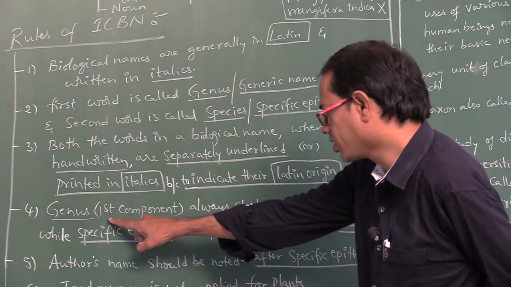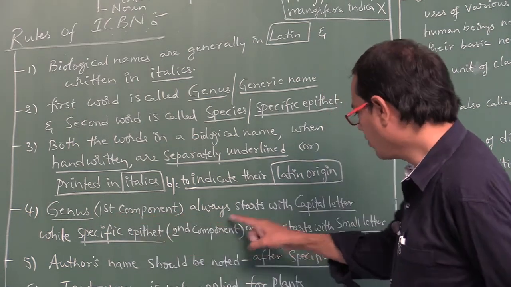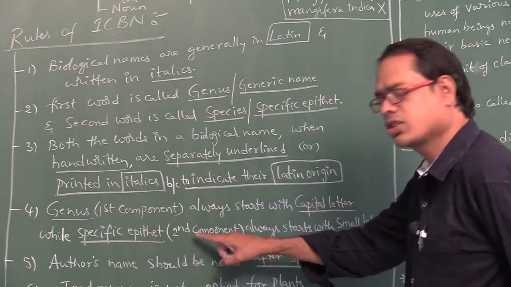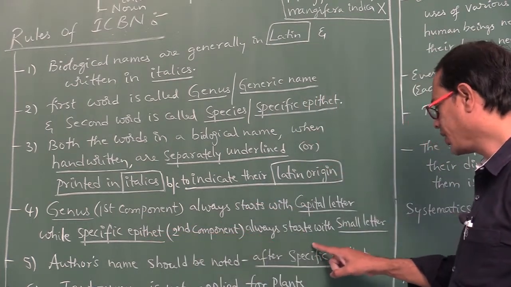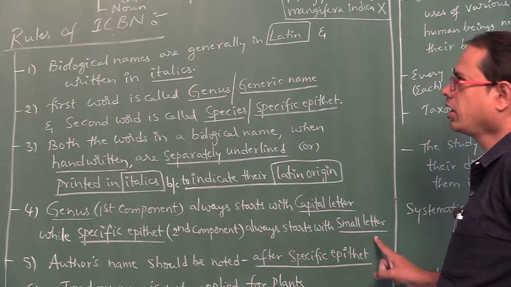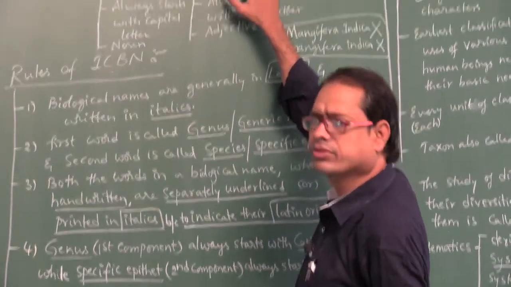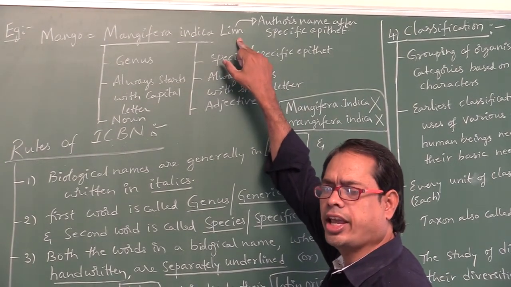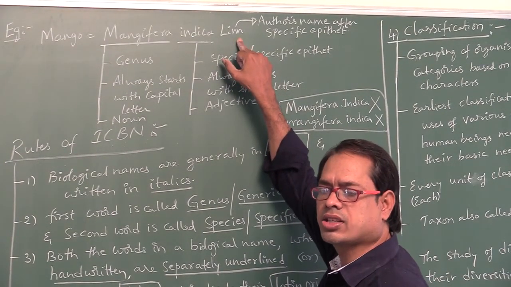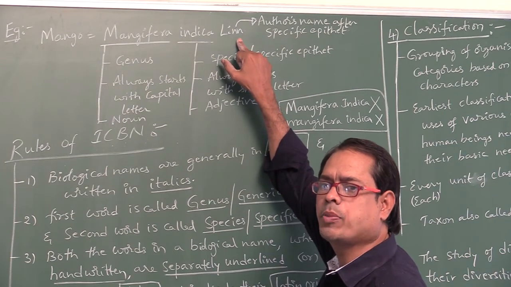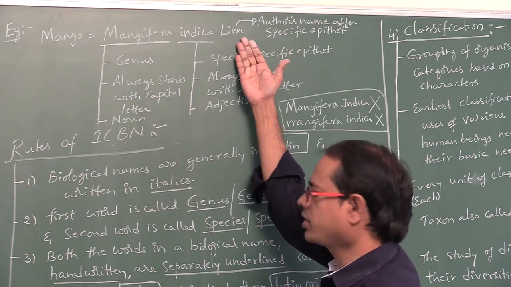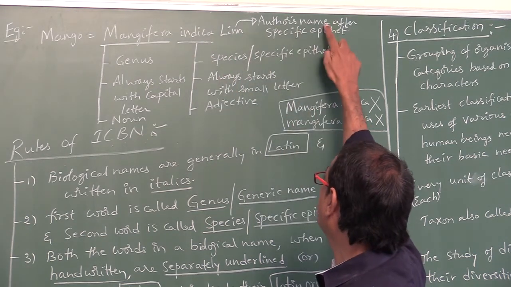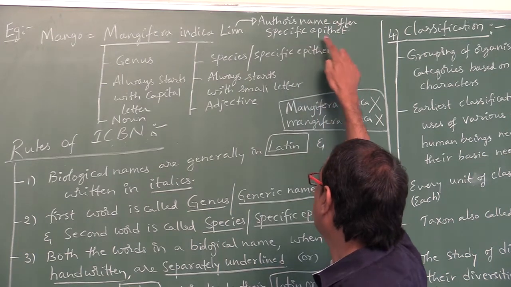Next, genus, the so-called first component, always starts with a capital letter, while the specific epithet, which is called the second component, always starts with a small letter. If you observe here, Lin means Linnaeus. So the author's name or scientist's name should be abbreviated after the specific epithet.